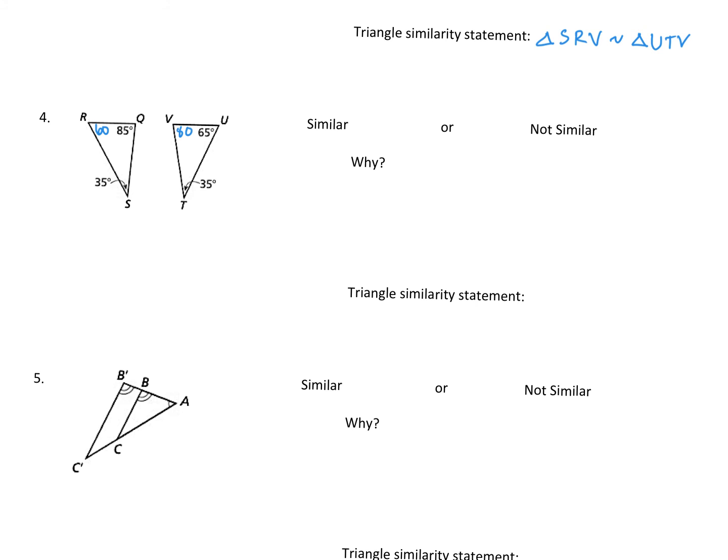So 80 and 65 and 60 and 85 do not match together. They only have the 35 alike, and they need 2. Actually, they need all of them, but they are not similar. And my reason for not similar is I can say 60 degrees is not the same as 65 degrees. Just like 80 degrees is not the same as 85 degrees.